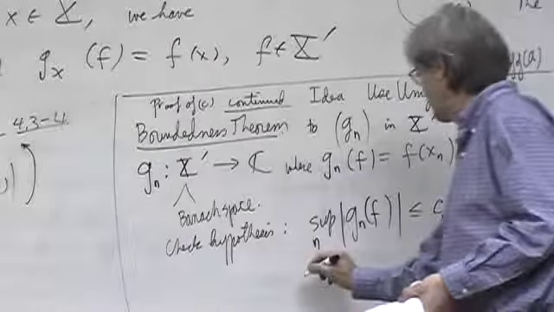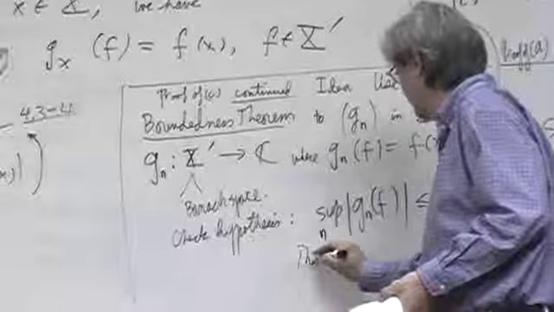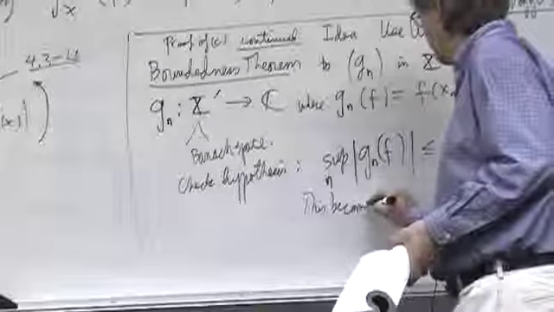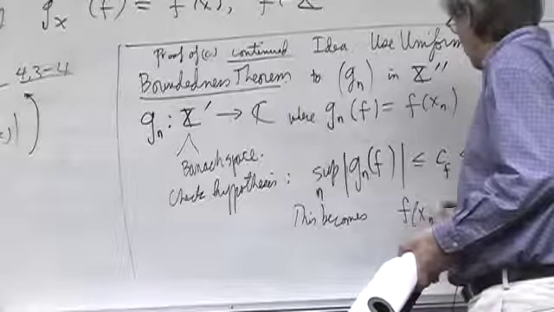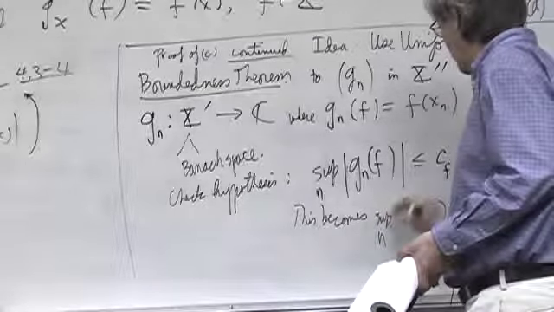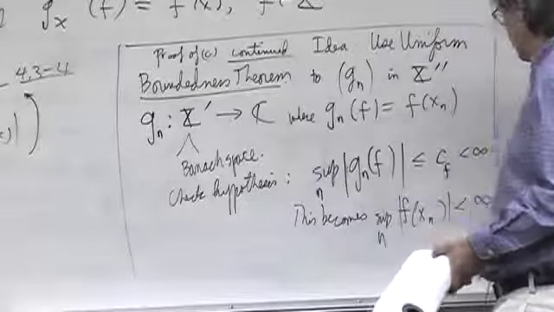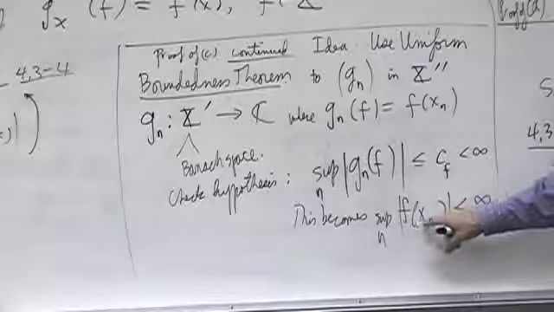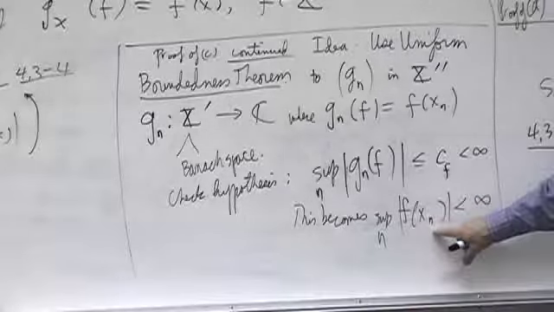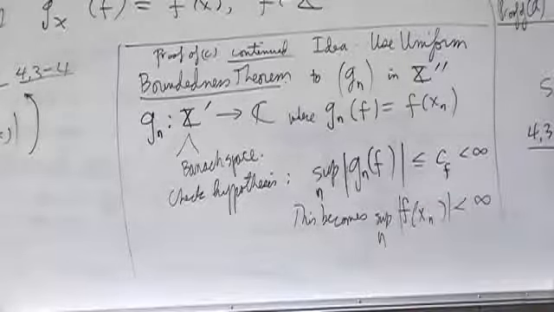In terms of our definition, this becomes f of x sub n, the sup over all n, is finite. Is that true? Well, x sub n is my given sequence, and f is a given bounded linear functional.